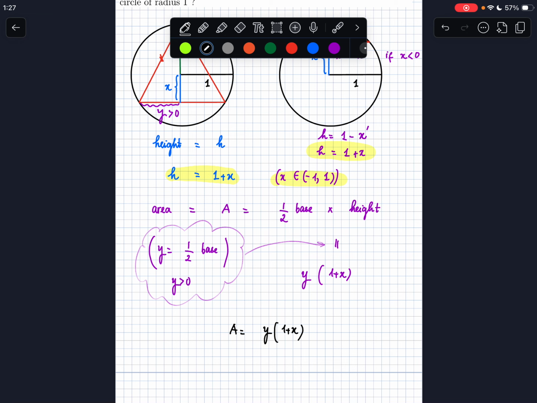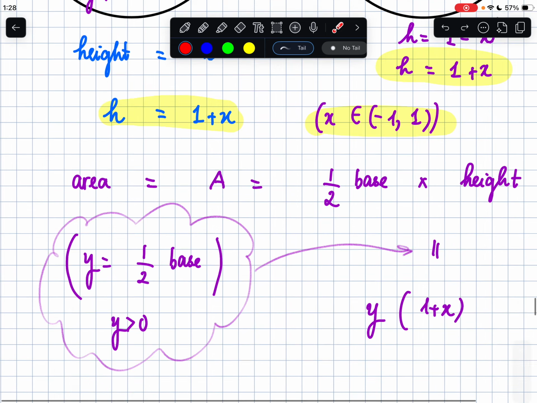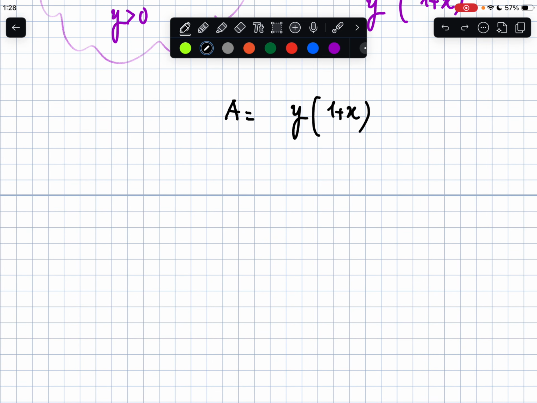Which is nice, but we can write further. Look at this right triangle. If I connect here, I have a right triangle. I can use the Pythagorean theorem to relate x and y. This length is 1 because it is the radius of the circle. x squared plus y squared equal to 1 squared.